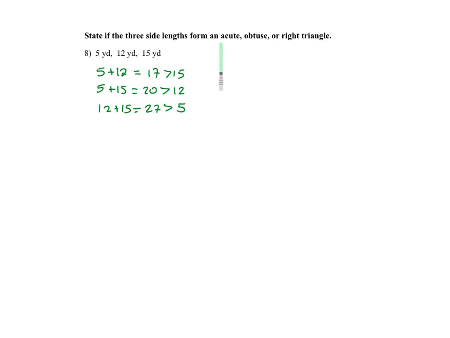So now I want to determine what type of triangle I have. I'm going to take the smallest two numbers, so 5 squared plus 12 squared, and compare that to the larger side. So 25 plus 144 is 169, and 15 squared is 225.